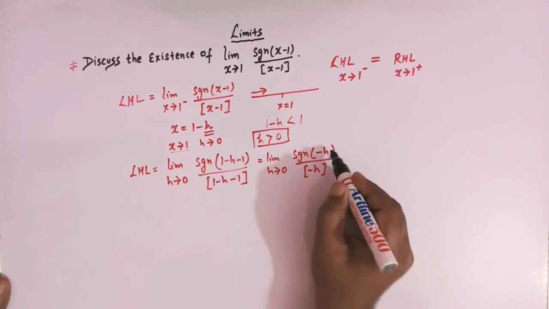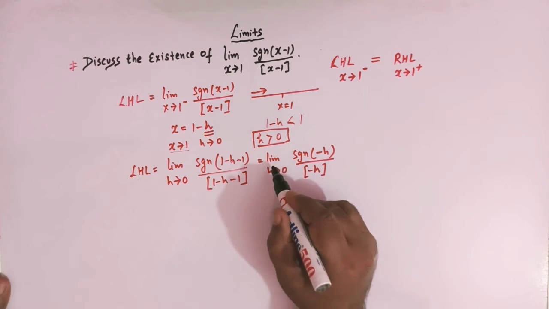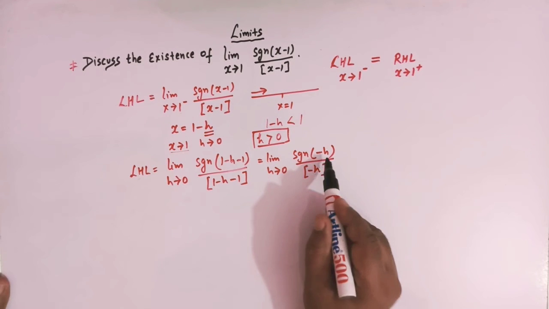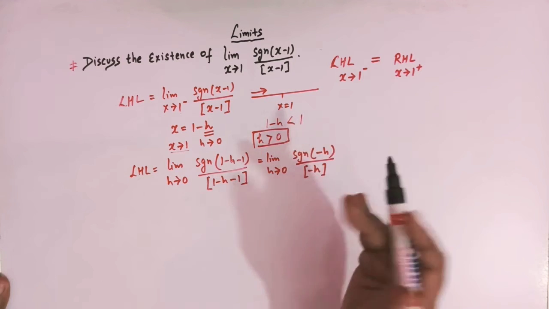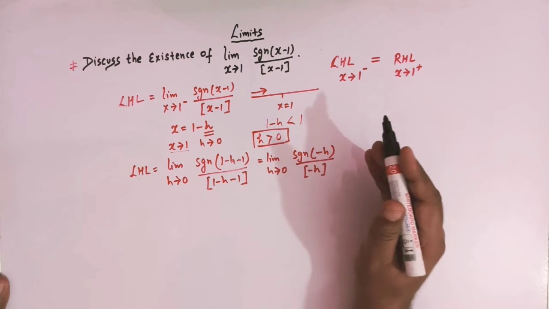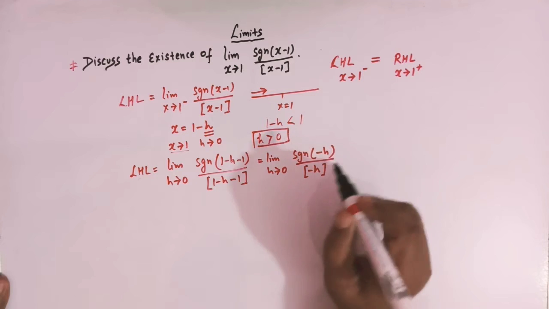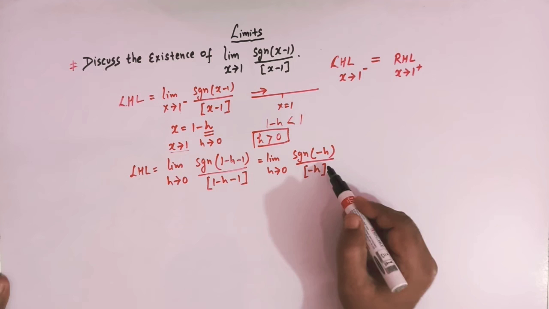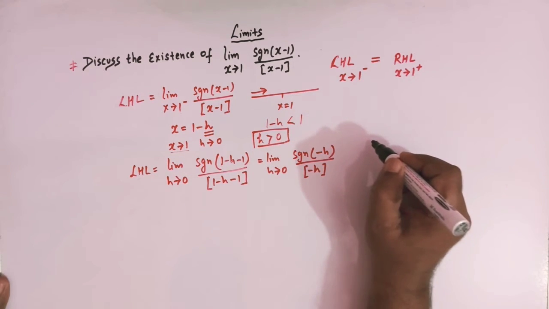Now here we have a very interesting expression. In order to proceed further, we cannot directly substitute h is equal to 0. In expressions in which the signum function, the greatest integer function or the fractional part function are involved, we must make use of the definition.